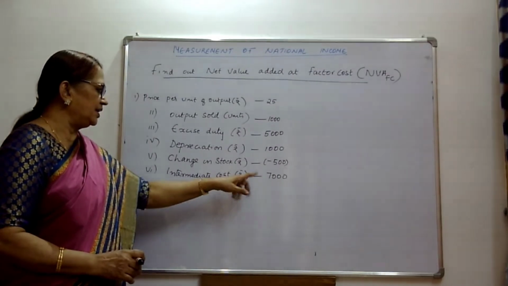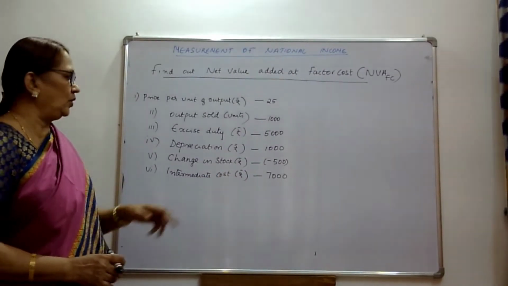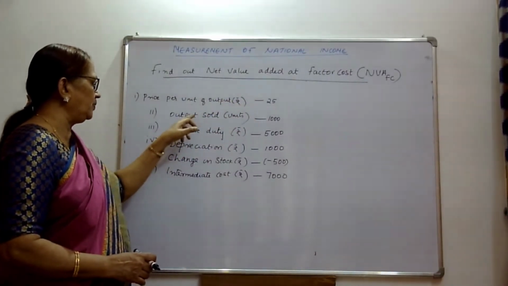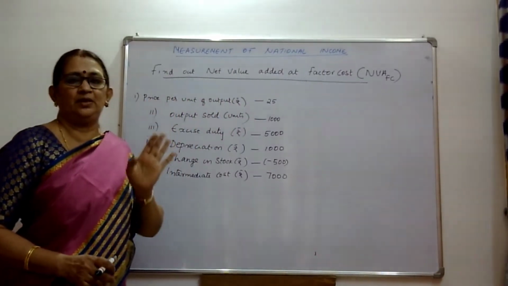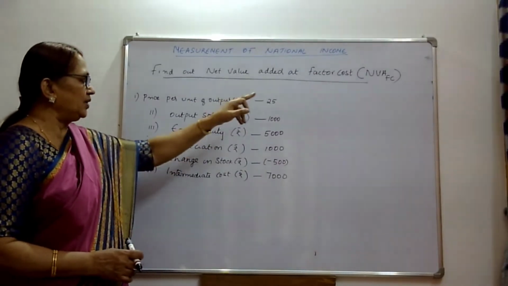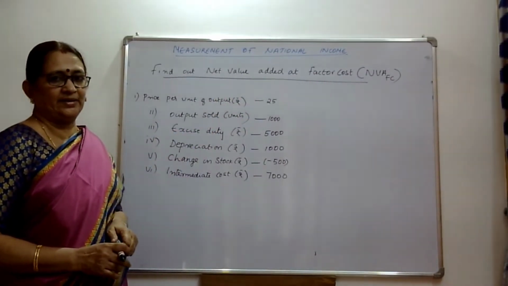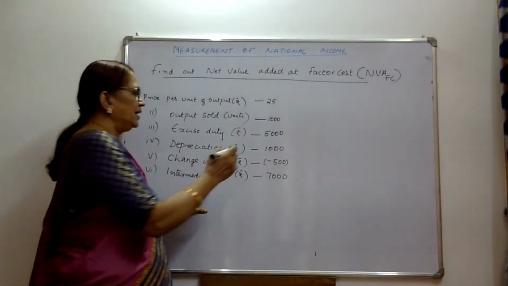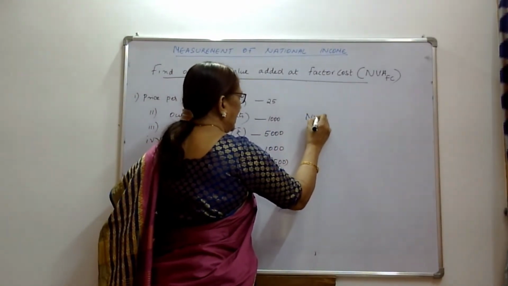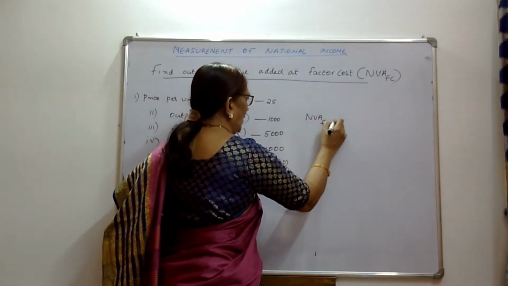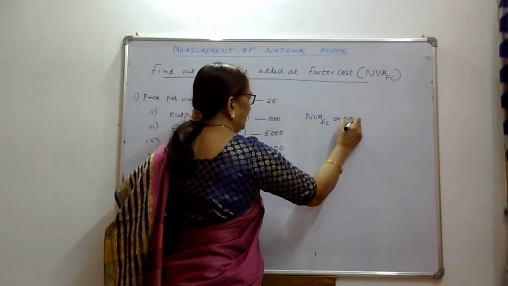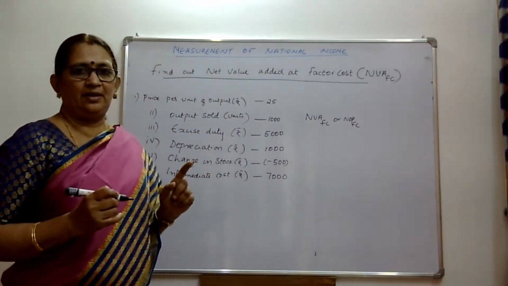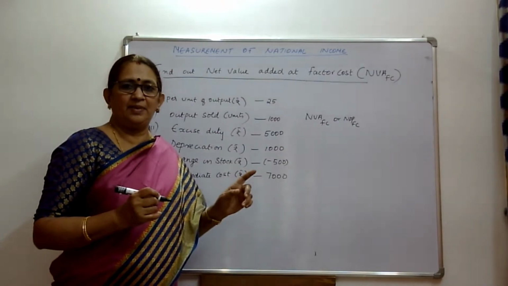Intermediate cost is 7000 rupees. So price per unit of output is 25 rupees and output sold is 1000 units. We have to calculate net value added at factor cost from these particulars given. Net value added at factor cost, or NDP at factor cost. Net value added does not include intermediate cost.